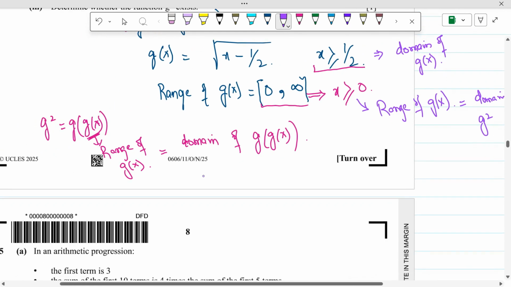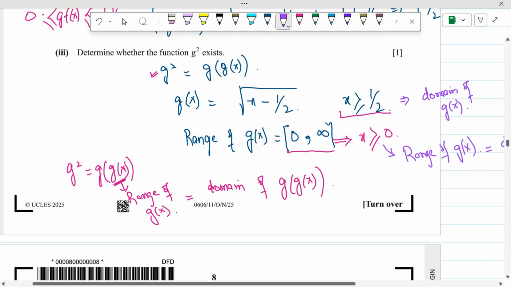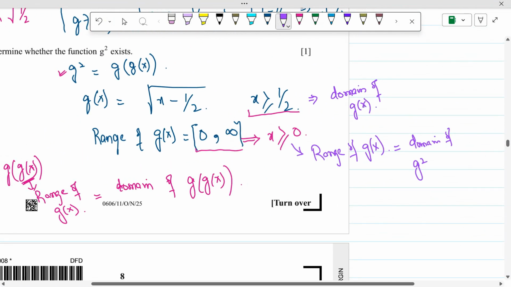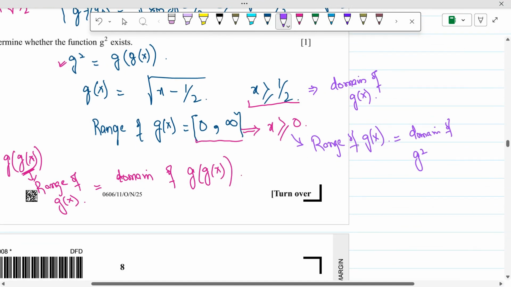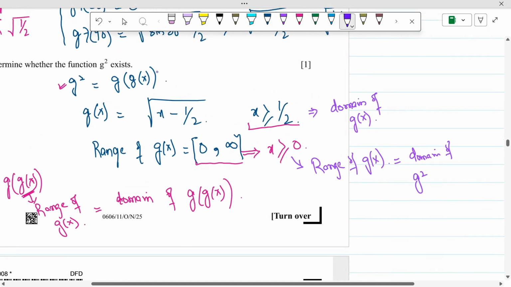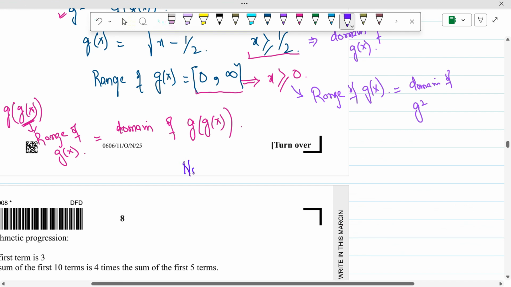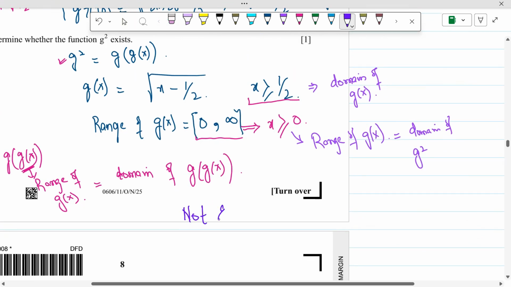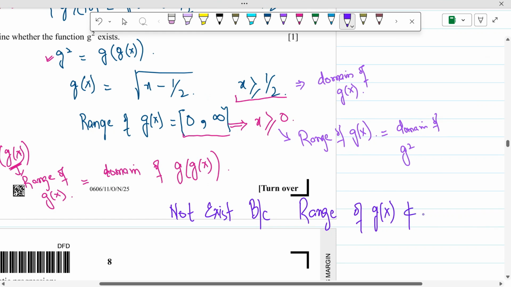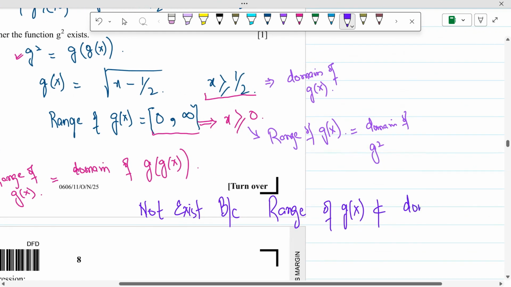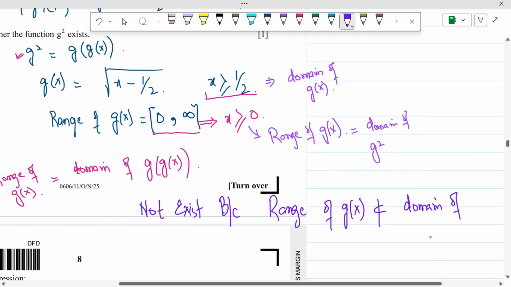So we can say that g square does not exist because the range of g of x is not a subset of the domain of g of x. This function does not exist because the range of g of x is not a subset of the domain of g of x.